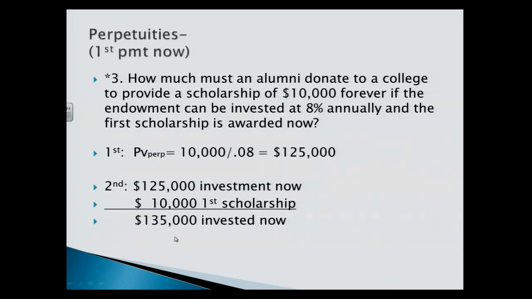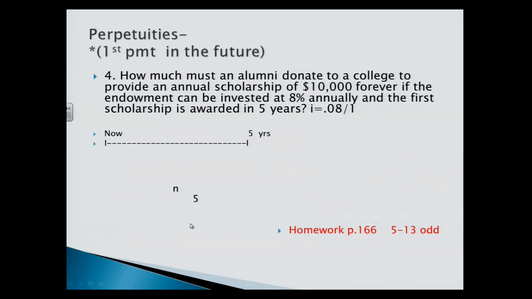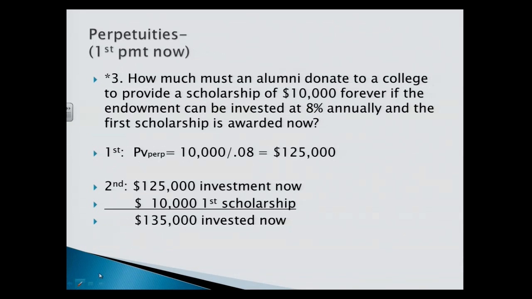So if you invest $135,000 today, you give away $10,000. That means you have $125,000 that's going to remain in the account for infinity, and you'll be able to award a $10,000 scholarship.